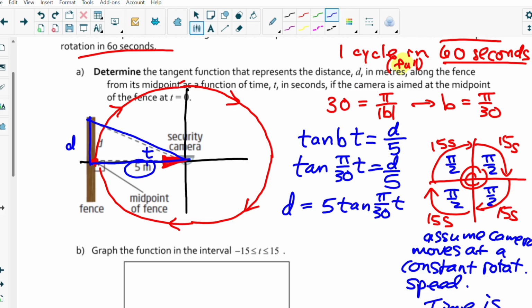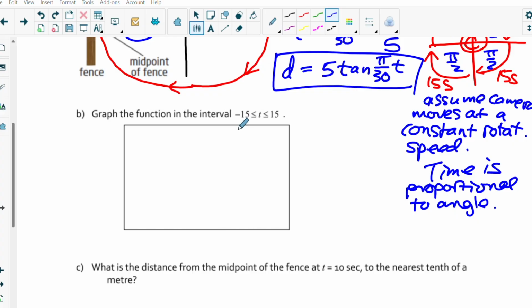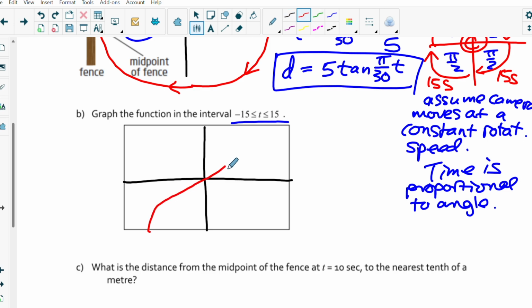So the first part, determine the tangent function. Here's my tangent function. Next part, let's graph it in the domain -15 to +15. So this is roughly what I have here. This is my telltale tangent function. What is the distance from the midpoint of the fence at t equals 10 seconds to the nearest tenth of a meter?